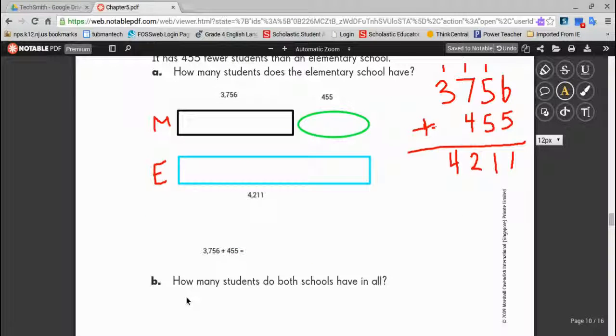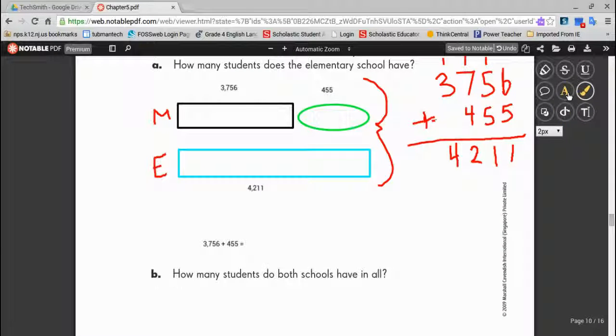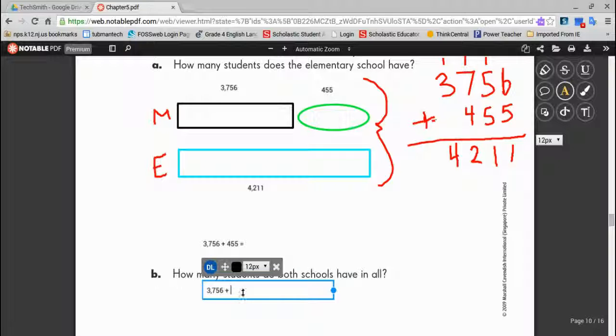And again, I want to put that in my bar model to help me figure out my second question. Now it says, how many students do both schools have in all? So I want to figure out both schools in all. That means I'm combining my middle school and my elementary school. So when I combine my middle school and my elementary school, I am again adding. So my middle school from up here has 3,756. And I'm going to add, because I'm combining that, to my elementary school. So here's my elementary school, and that has 4,211.